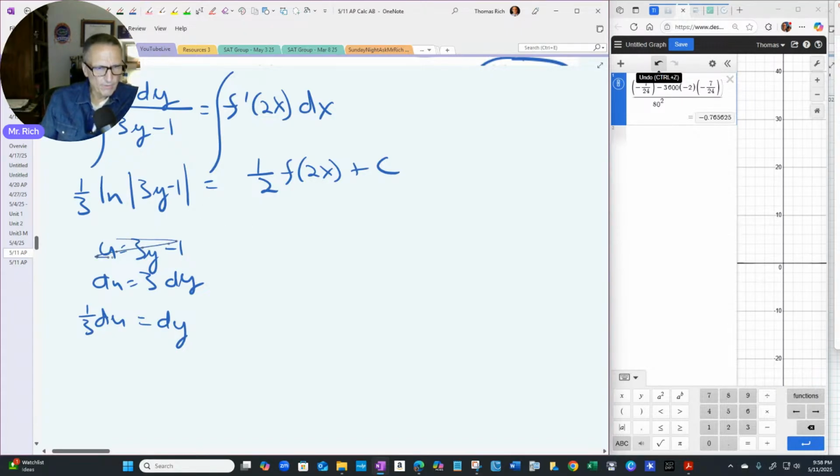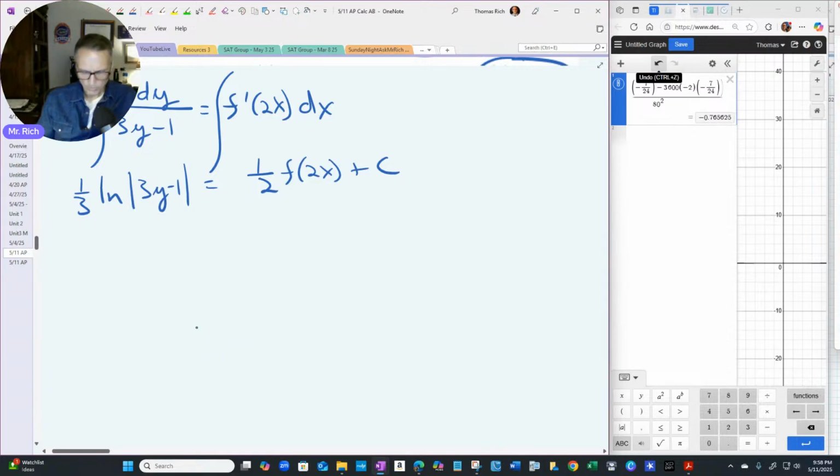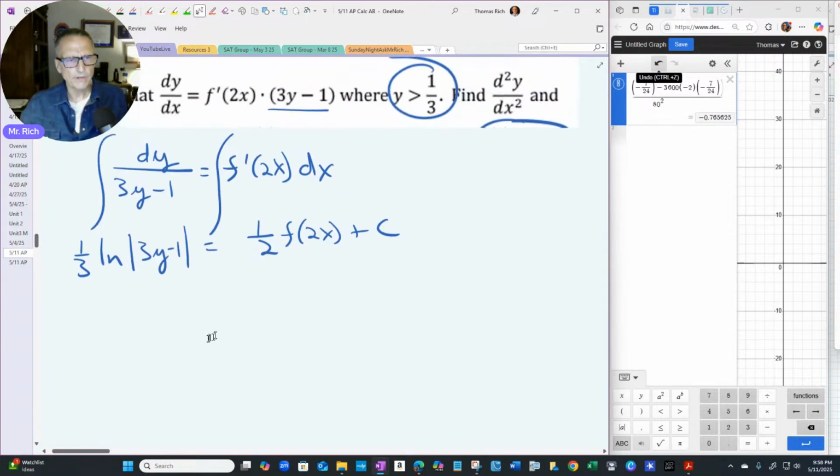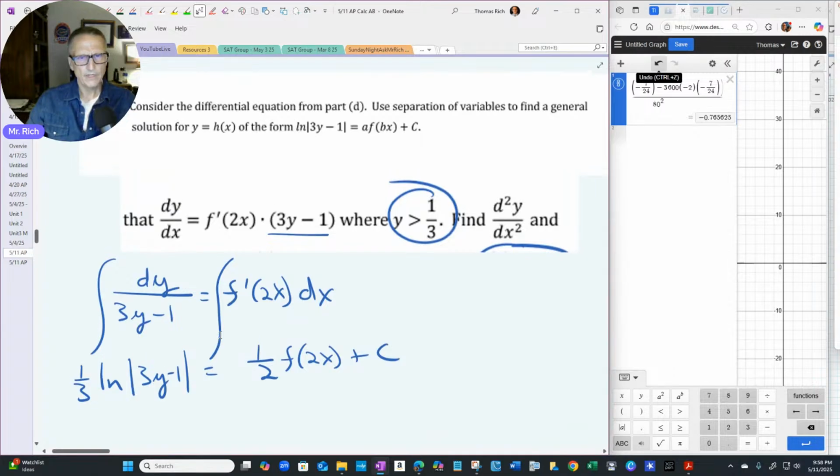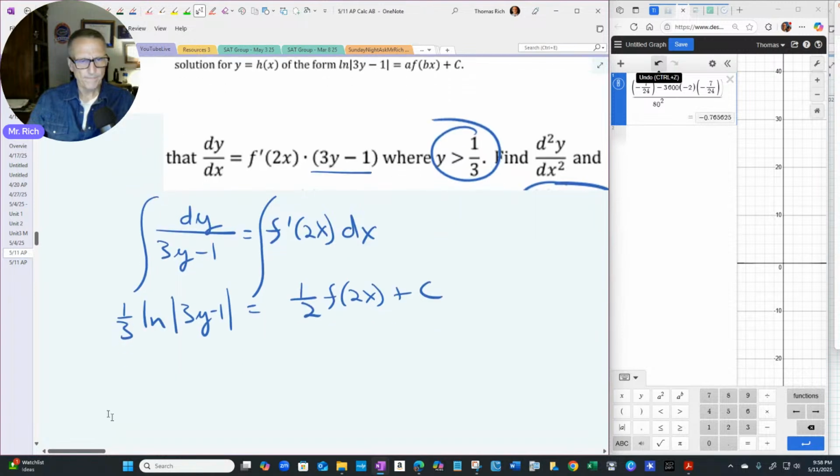All right. Now, what they want us to do is finish it up. They just want us to get to that point right there. So we need to move the 1/3 to the other side, so I'm going to multiply by 3 on both sides. I guess for time's sake, they didn't want us to go any further with this.